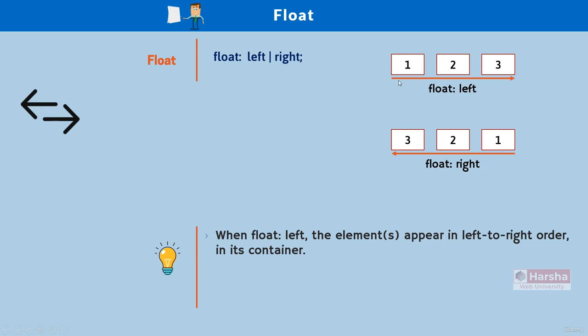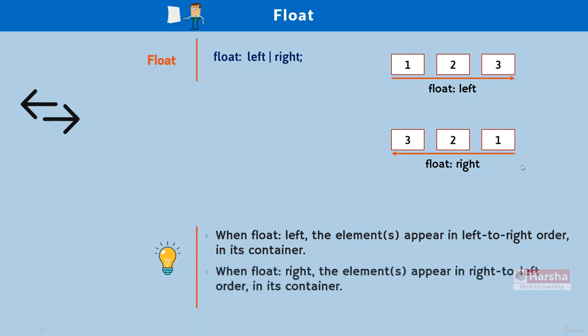And in case if you apply float right, the elements will appear side by side, starting from right side of the page, going towards left. So float left is left to right order, float right is right to left order. The default value of float property is none. That means the elements will appear line by line.